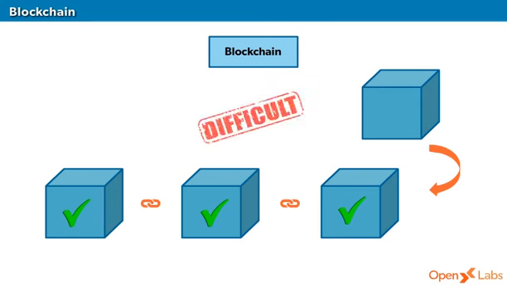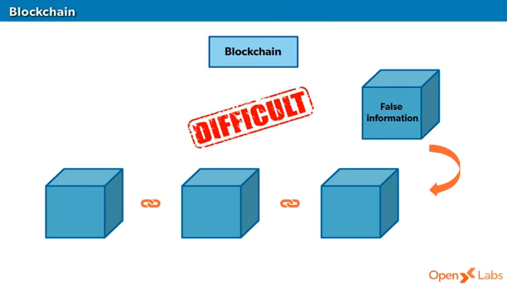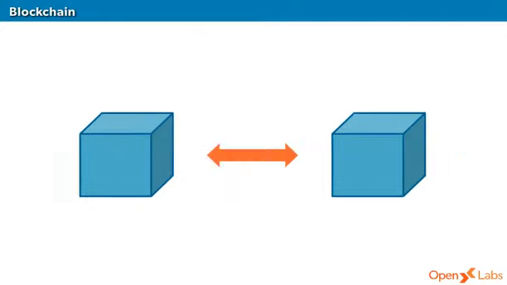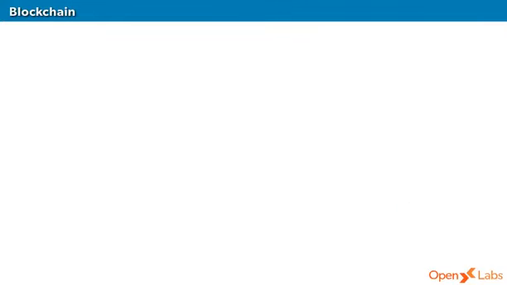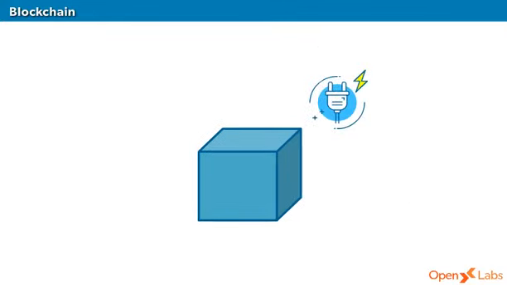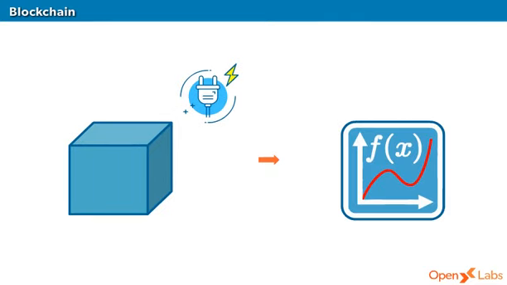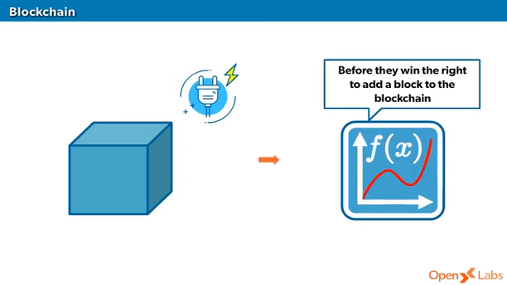This makes it very difficult to add false information to the blockchain as nodes do not know each other and must first expend electrical energy to find a solution to a complex mathematical function before they win the right to add a block to the blockchain.